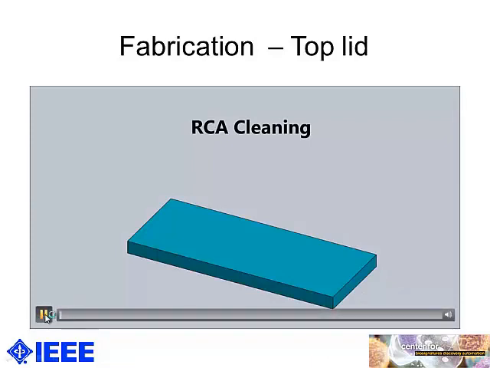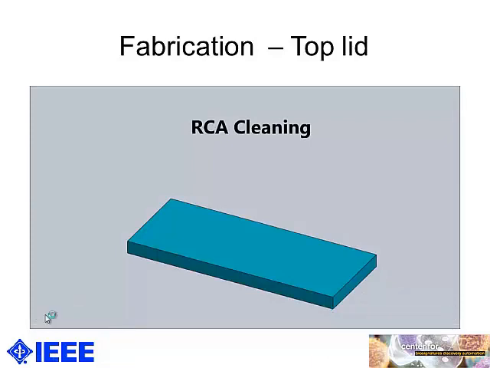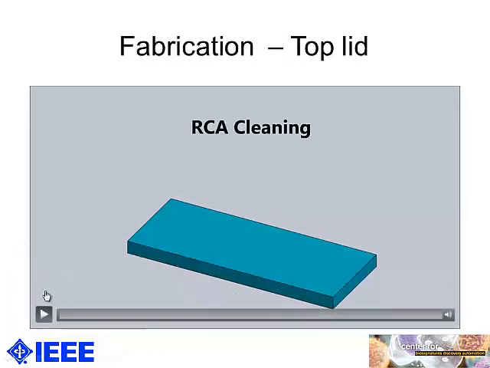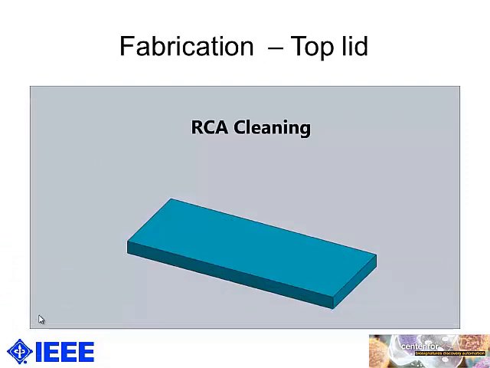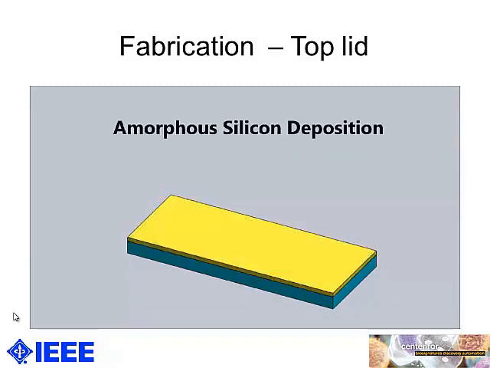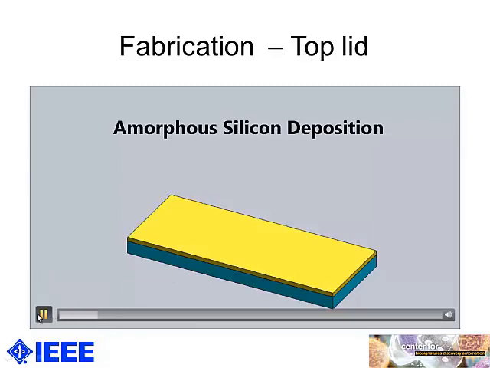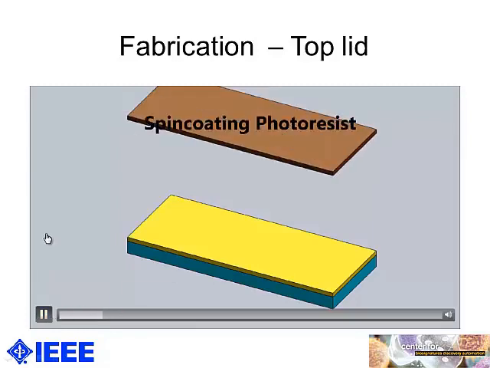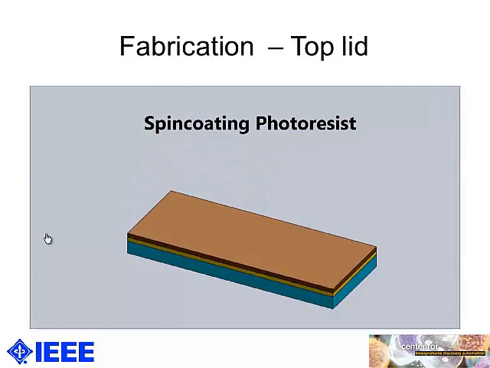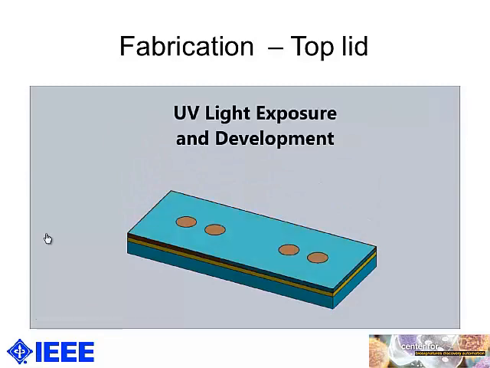At the beginning, we use the RCA cleaning to remove all the organic particles, and then we deposit very thin layers of amorphous silicon. After this, we spin coat the photoresist on its top, and we use the basic photolithography method to make patterns for the photoresist.